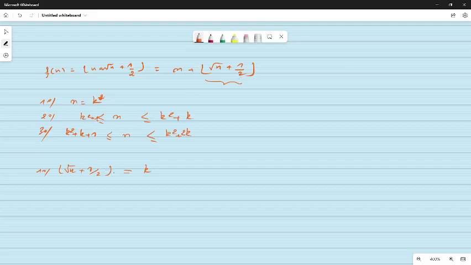And of course, for the second case, we have n located between k square plus 1 and k square plus k.